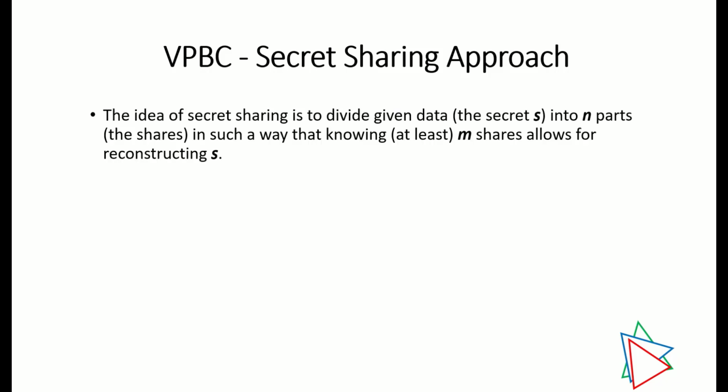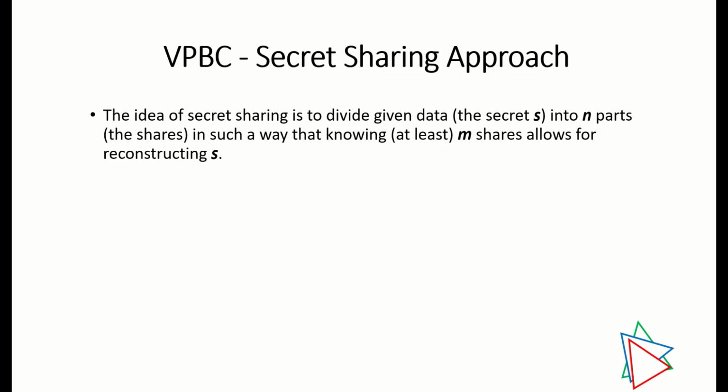The basic idea of secret sharing is to divide given data, that is secret S, into n parts, which will be the shares, in such a way that knowing at least m shares allows for reconstructing S. In an ideal secret sharing scheme, knowledge of less than m shares will not reveal any information on S.